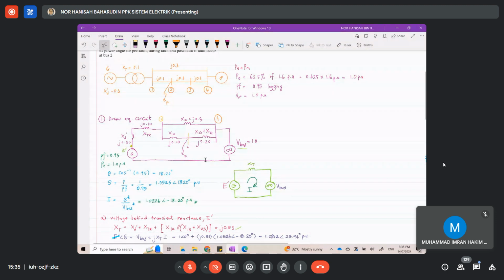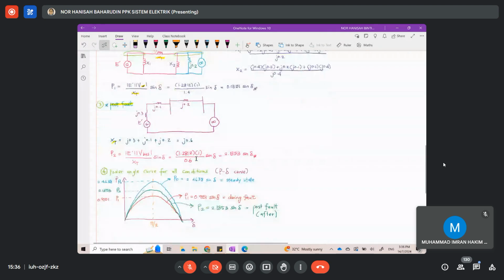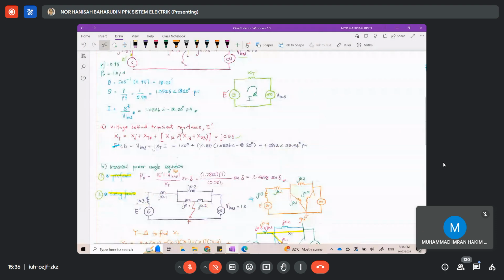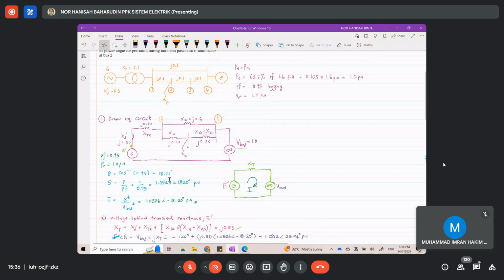And every time you get any question, please check what type of fault the question asks you. For this question, it is a fault occurring some distance away from the sending end. So finally, you know that you have to draw this kind of power angle curve.